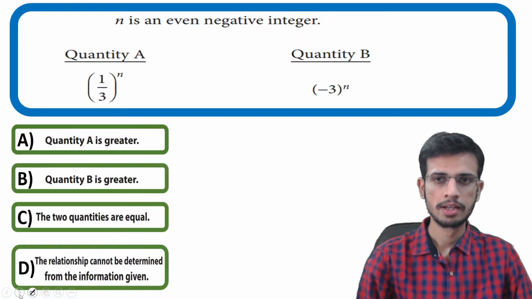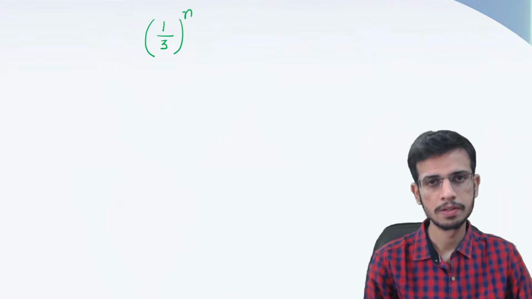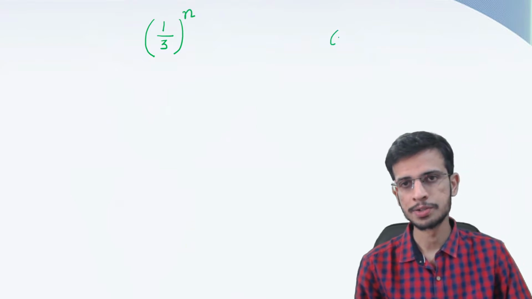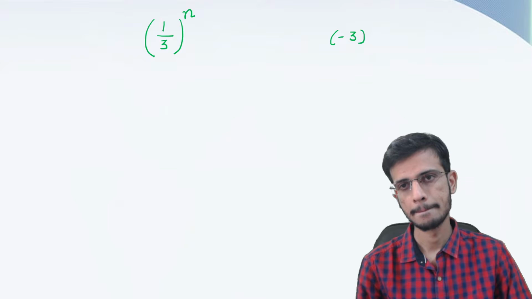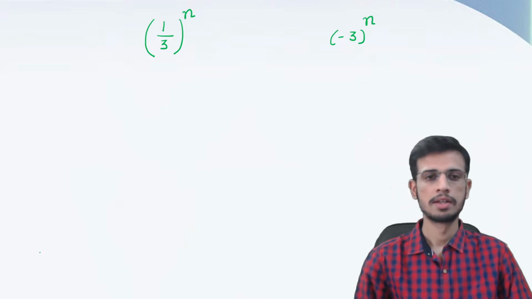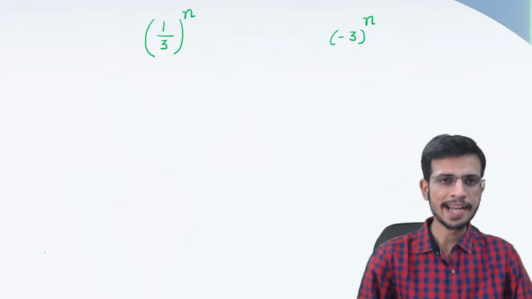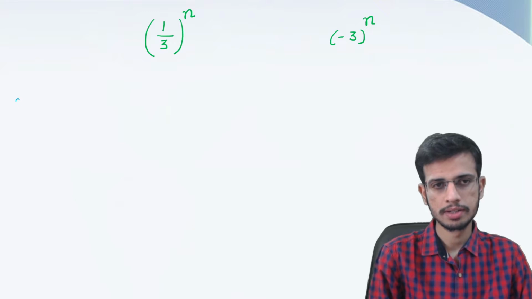So I will write quantity A, that is 1 by 3 raised to n, and quantity B, that is minus 3 raised to n. Let us put n equal to minus 2 first.